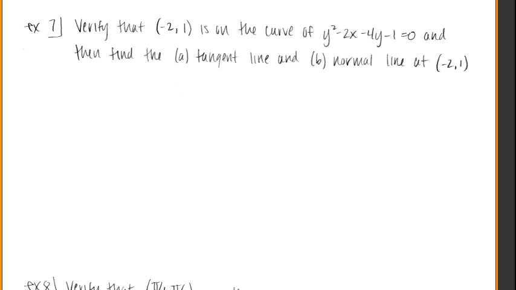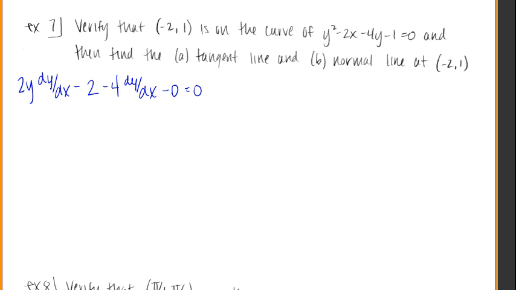First of all, in order to be able to actually find the tangent line and the normal line, we've got to find the derivative, because the derivative is the only way we're going to get the slope. So going up to our main equation, we're going to get 2y dy/dx minus 2 dx/dx, which is just 2, then minus 4 dy/dx minus 0 equals 0.